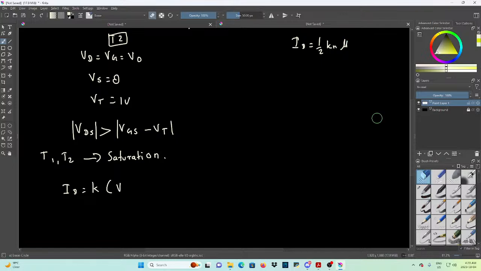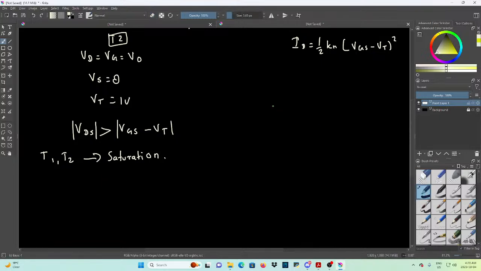Half Kn is basically mu naught Cox, so half Kn times VGS minus VT square, or you can say overdrive square. Both of them are right. So in this case, since we have two different VGS, we can say VGS minus VT square. Okay, this is the drain current equation. So we can apply this one and solve for the output voltage.